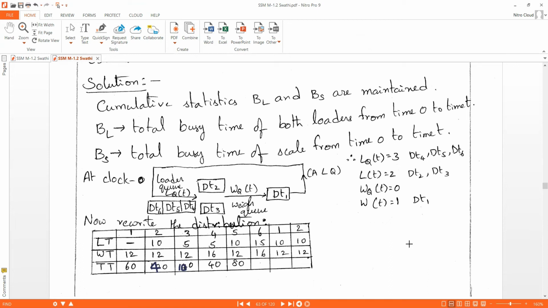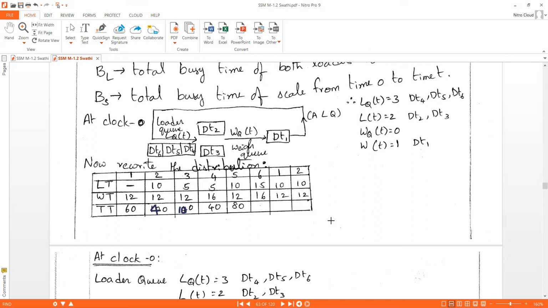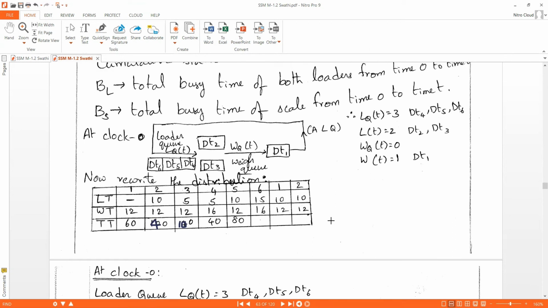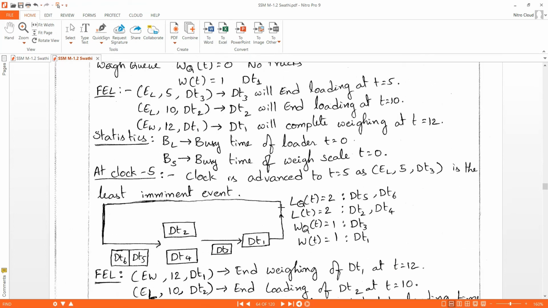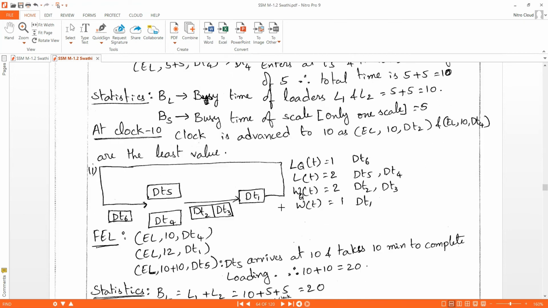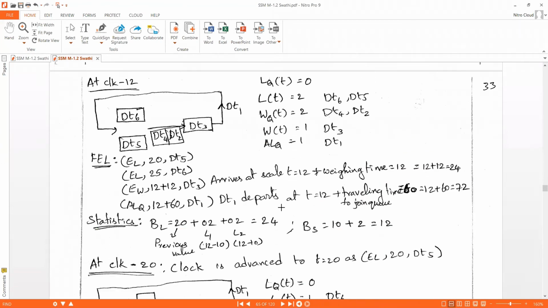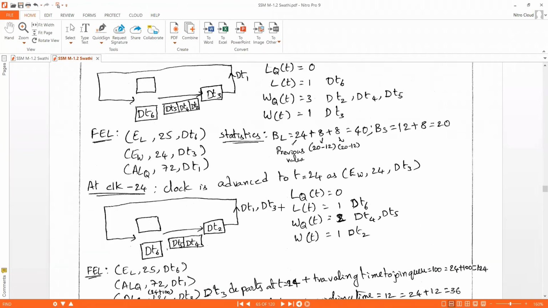We'll write it like this. Understood, right? This is the first row of the simulation table. For every row's calculation I have given the notes here.